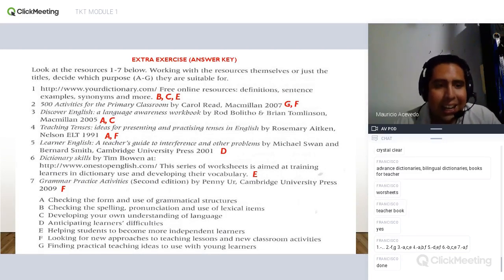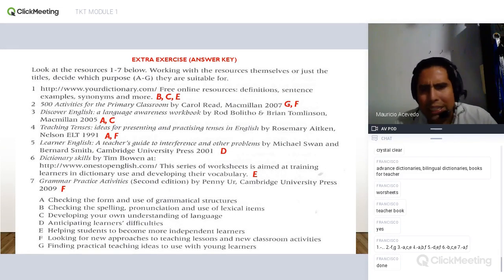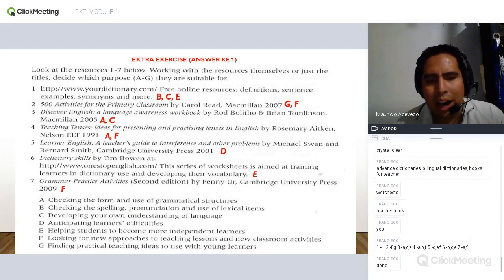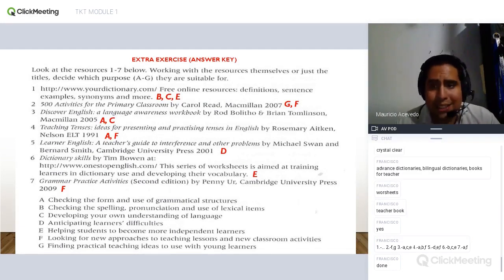The sixth is letter E, because it is focused for independent students. Dictionary skills by Tim Bowen. Worksheets aiming at training learners in dictionary use and developing their vocabulary. I'm not sure about this answer. I agree with you that we can also have spelling and pronunciation because it's a dictionary. No matter if it is an online dictionary, it has to be like that.